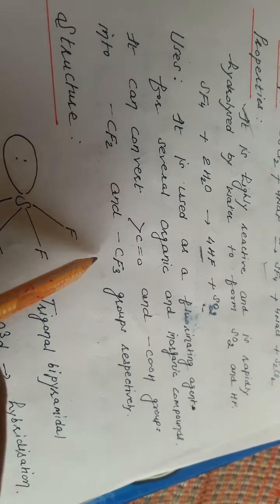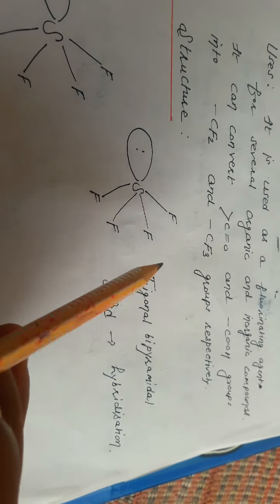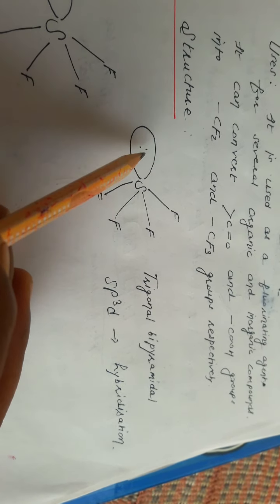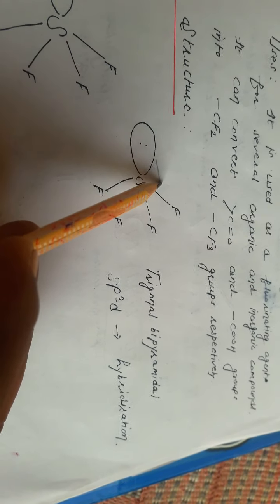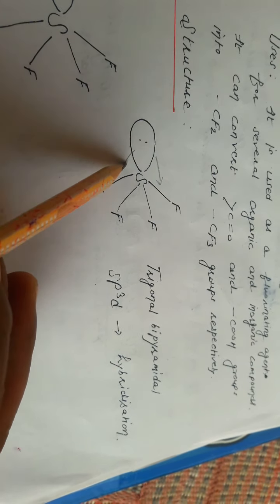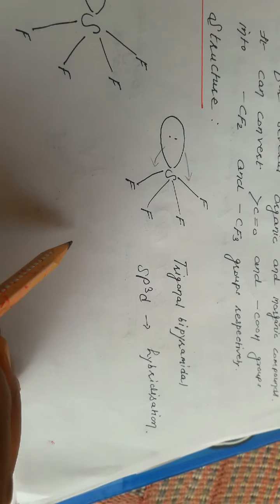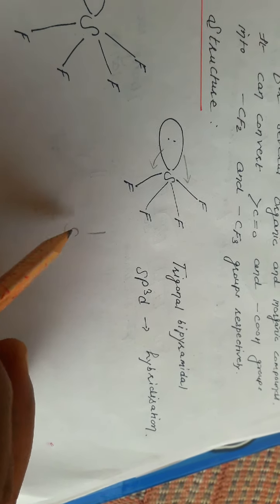The structure of the compound is trigonal pyramidal, but a little bit distorted due to the lone pair of electrons. That gives repulsion and distortion of this angle. In actual, the trigonal bipyramidal structure is like this, but the bond angles are a little distorted due to lone pair-bond pair repulsion.